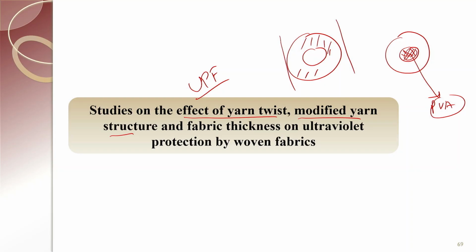So, it will cover more pore openings, and also at the same time after the hollowness is created, the hollow yarn can get flattened. So, that will enhance the covering of the pore openings, which we will discuss.